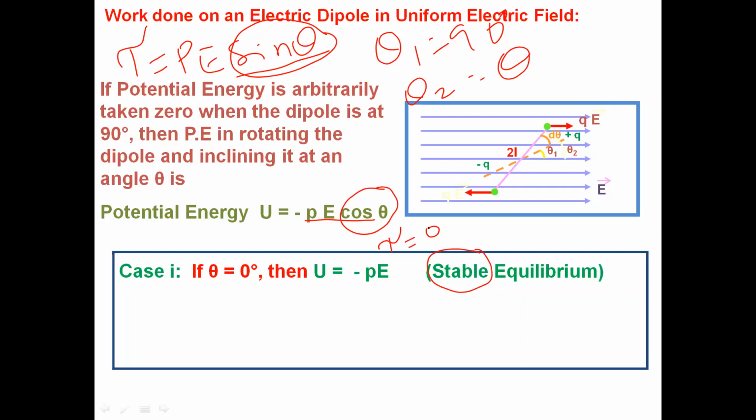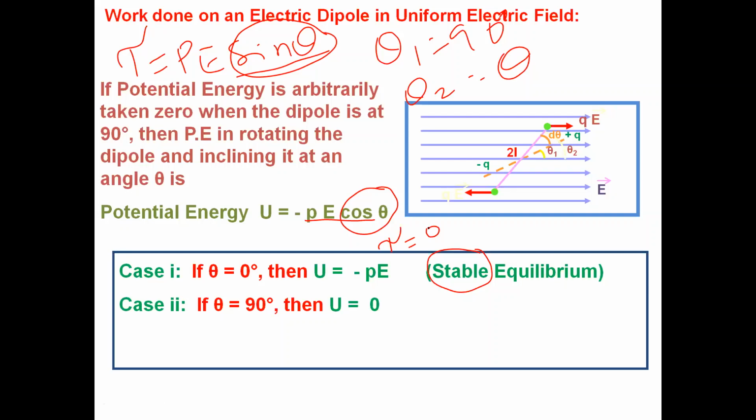When torque is 0, it corresponds to equilibrium. When potential energy is minimum, it corresponds to stability. So combining these two, when a dipole is making an angle of 0 degree with the uniform electric field, we can say that the dipole is at stable equilibrium. Hope it is very clear. Next case is if theta equal to 90 degree.